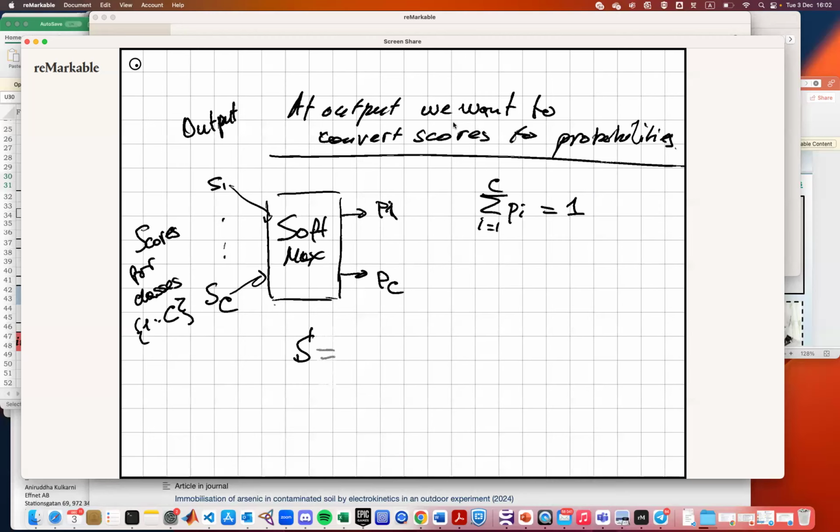For the score s_j, it is equal to e to the power s_j divided by the sum of e to the power s_i, i equals 1 to the number of classes.